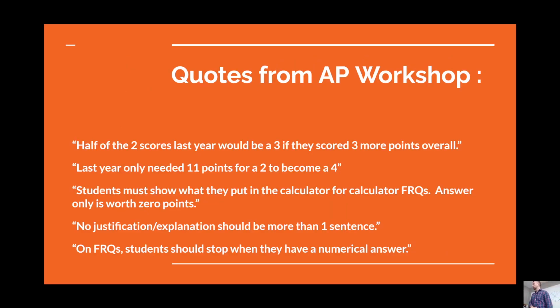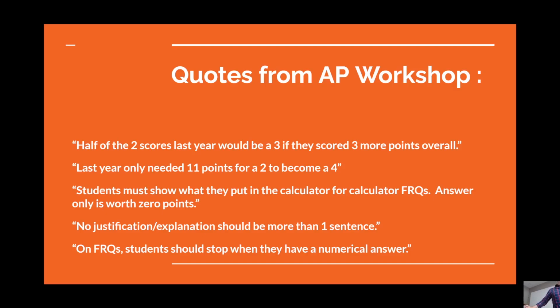And I hate this for you guys, but for some of you, if you don't give your best effort, you could fall a couple questions short. So 3 more points would have gotten half the people who got a score of 2 to get a 3 a couple years ago. Only 11 points to go from a 2 to a 4. Make sure you're showing as much work as you can on FRQs.